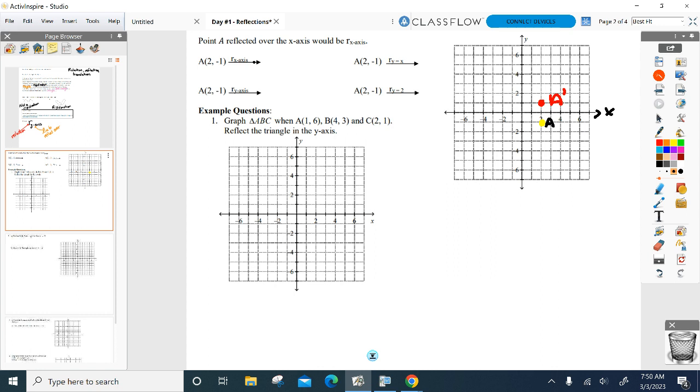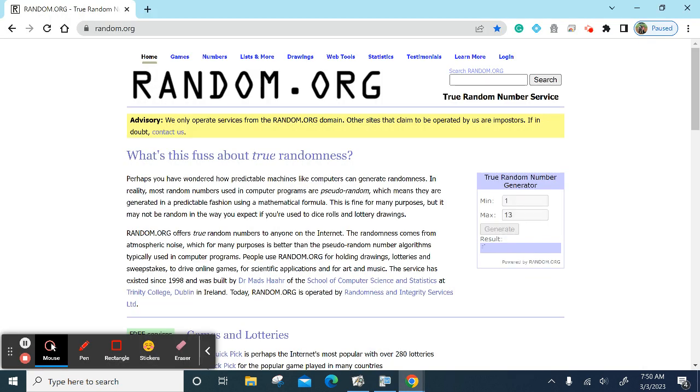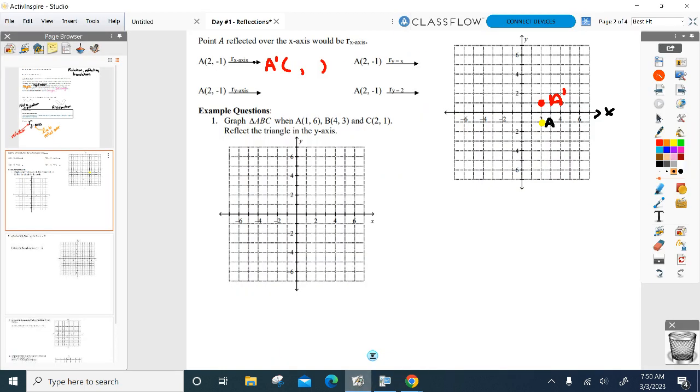A becomes A prime, and now somebody tell me what my new coordinate is. When I reflected it over the x-axis, what did A become? (2, 1) now. Yep. Distance does not change. Count, and then go that same distance on the opposite side.